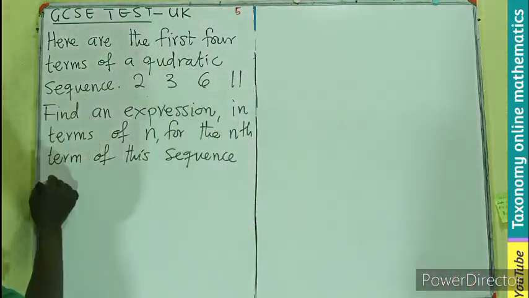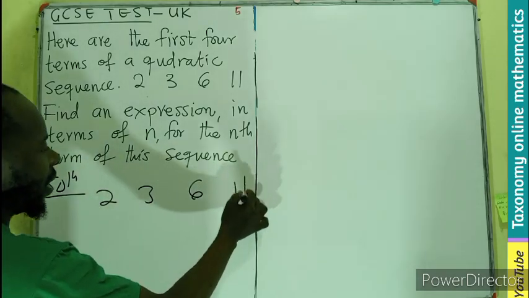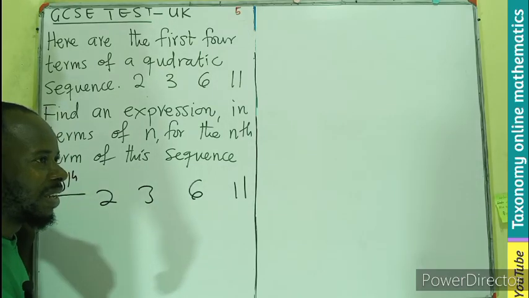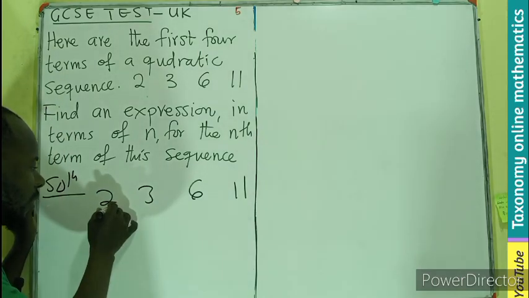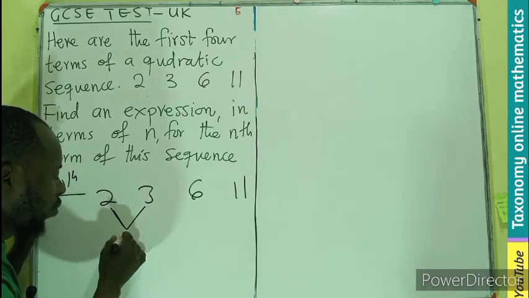So we have our sequence with 2, 3, 6, and 11. We need to find the common difference between the successive terms. Between 2 and 3, the difference is going to be 1.